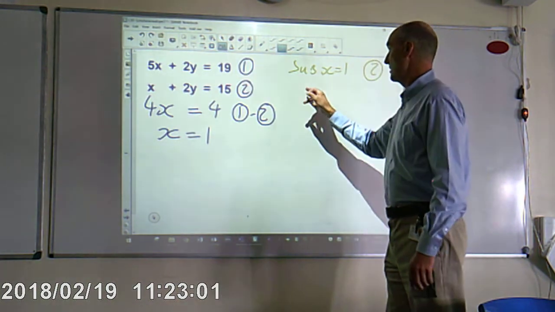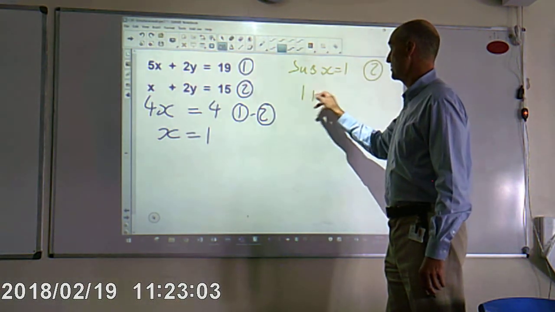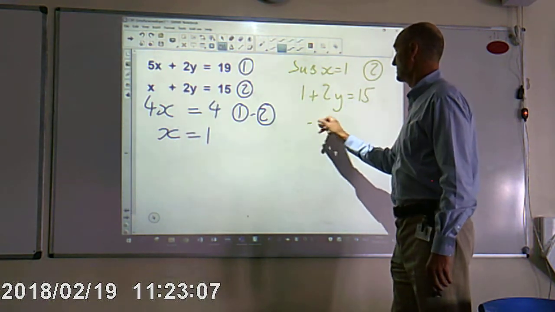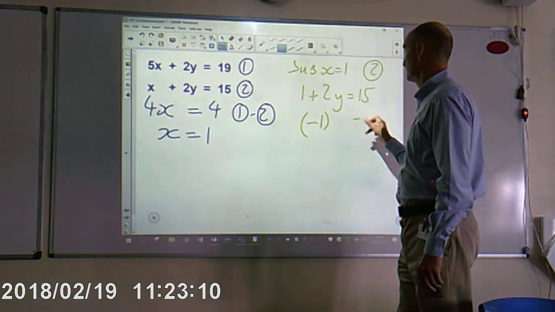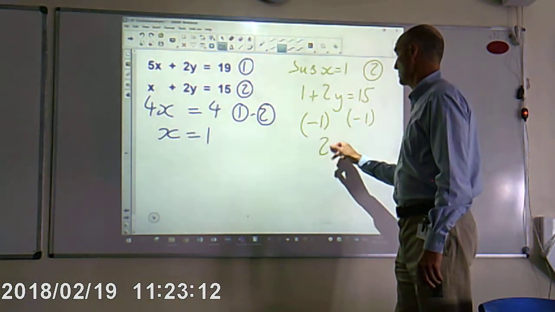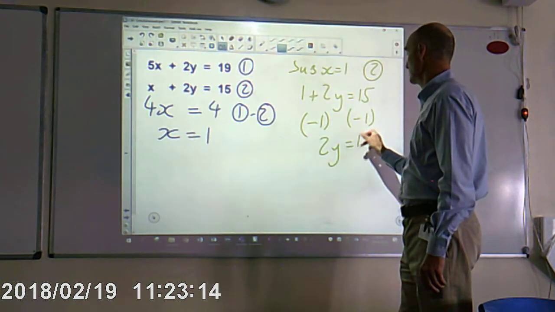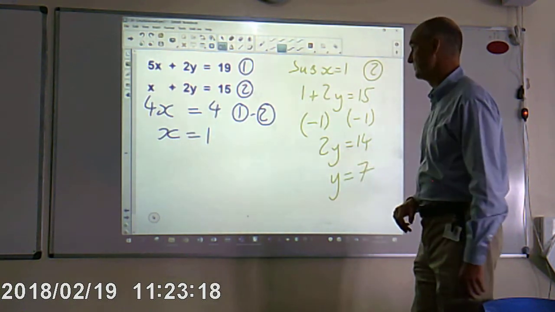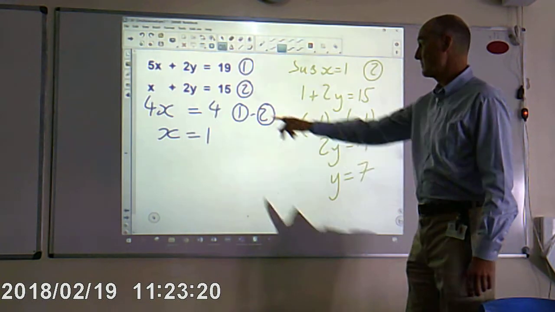So an x is 1 plus 2 lots of y equals 15. Take away 1 both sides. 2y equals 14. Y equals 7. Y equals 7, x equals 1.